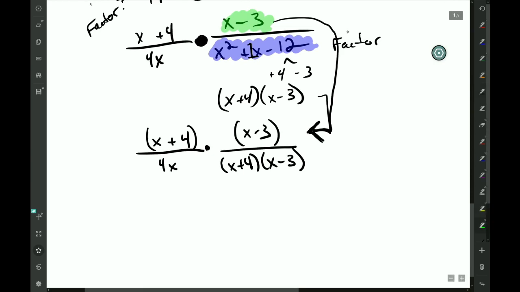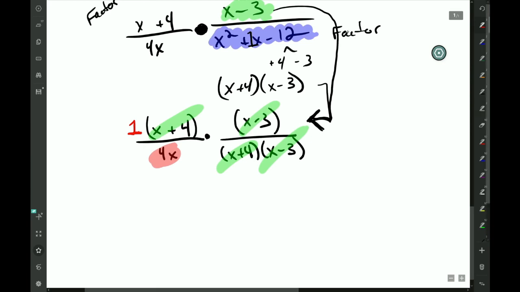Well, that ends up making it x plus 4, x plus 4. Those cancel, minus 3 cancels, minus 3 cancels, and what we're left with is 4x. Now, don't forget, everything canceled out in the numerator, but we still need something up there. Okay, so the answer is more formally going to be 1 over 4x.